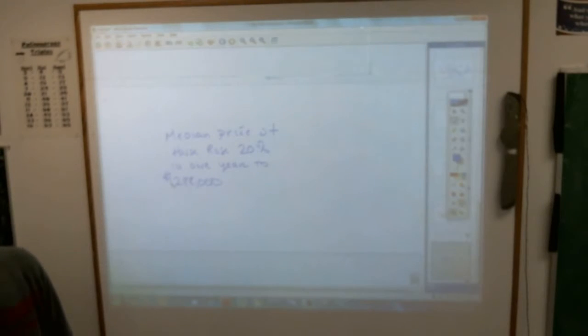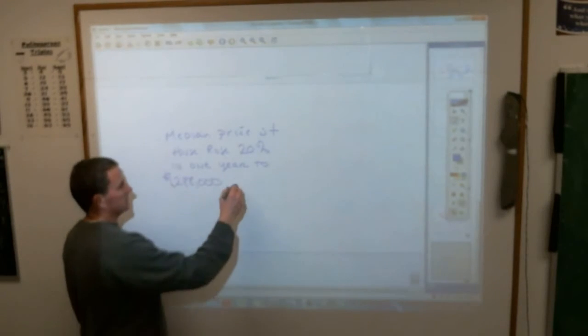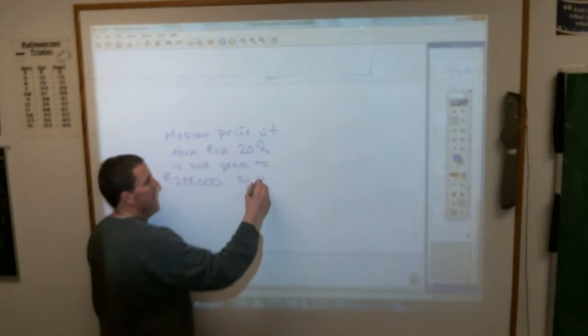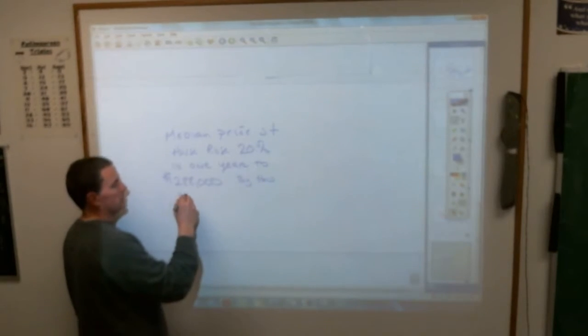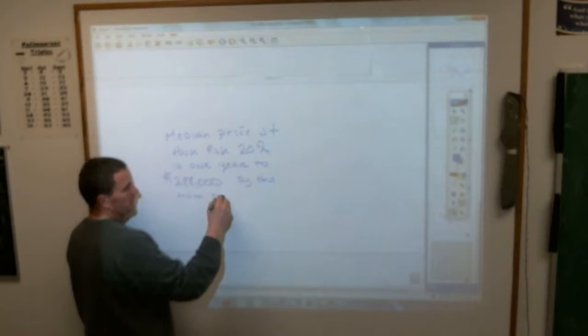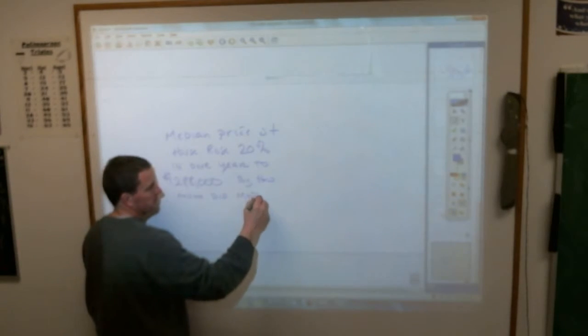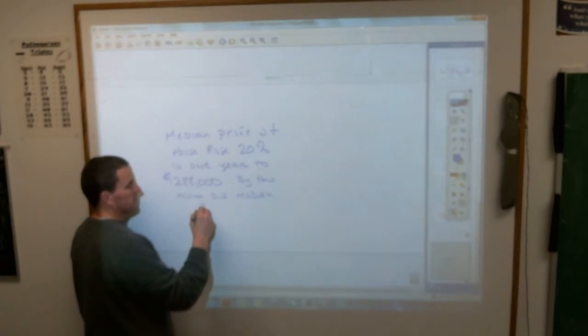By how many dollars did the median price increase? By how much did the median price increase?